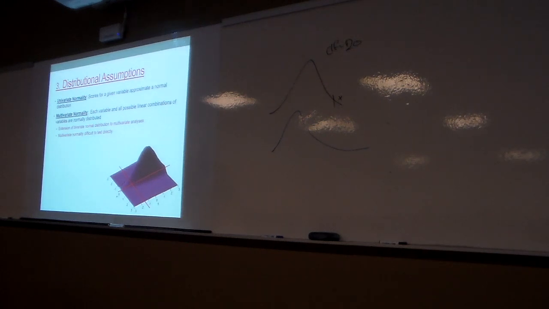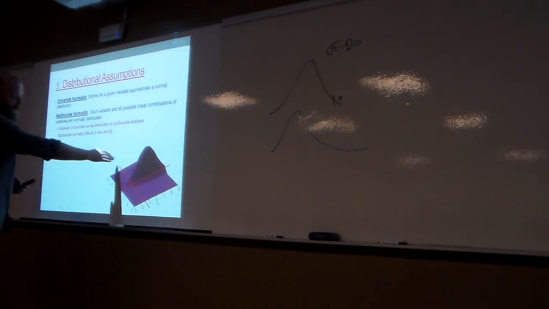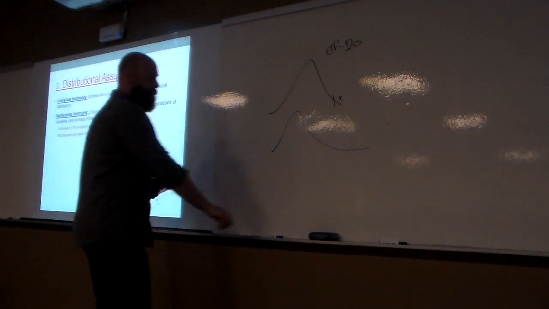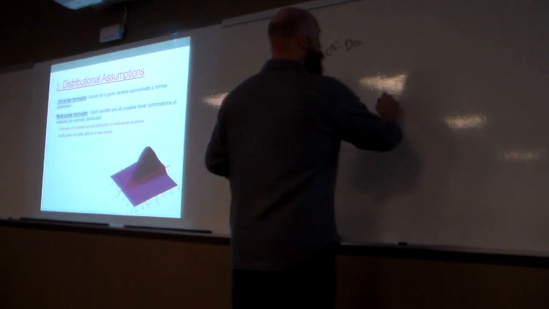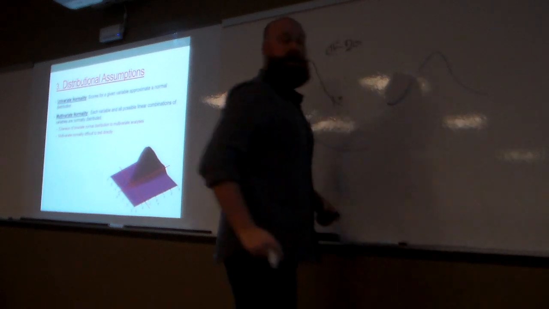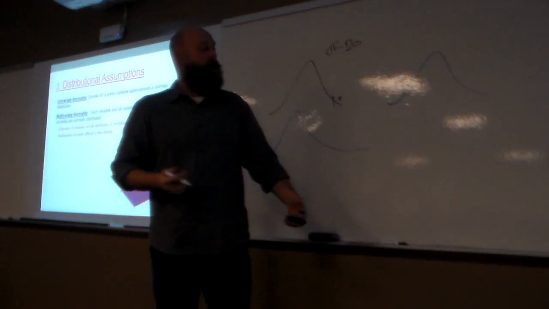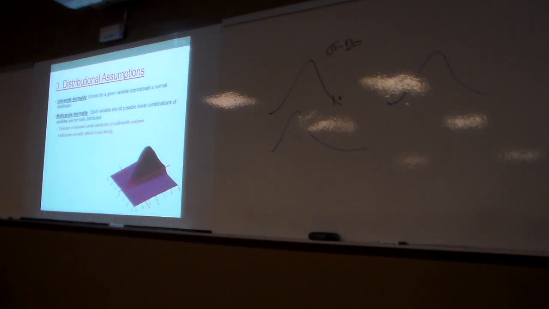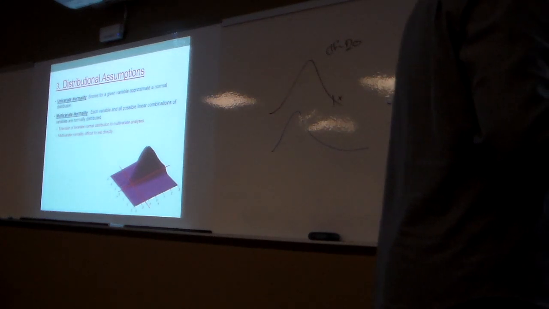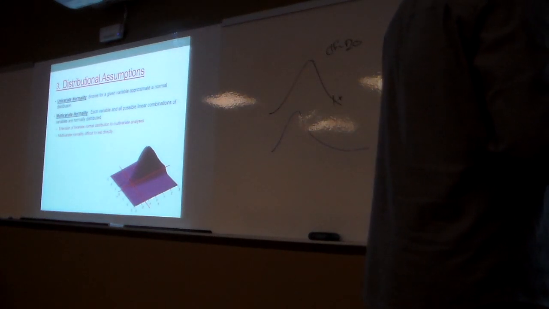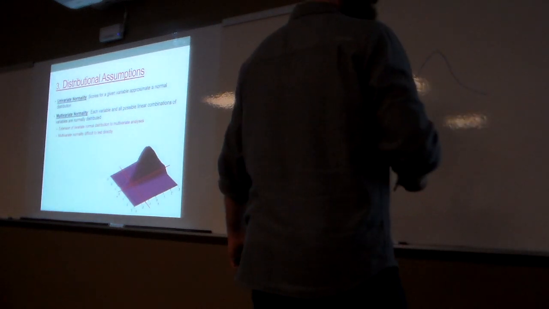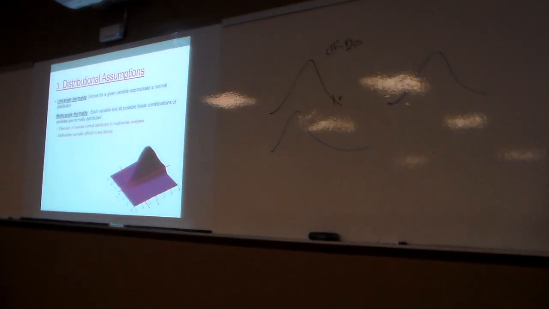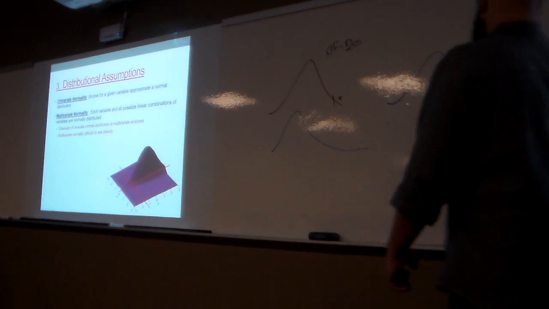And so if we slice this way, we're going to get something that looks like that, because we're looking at it from the end. If we slice it down this way, down at 0, we're asking what is the distribution of y when x is equal to 0?